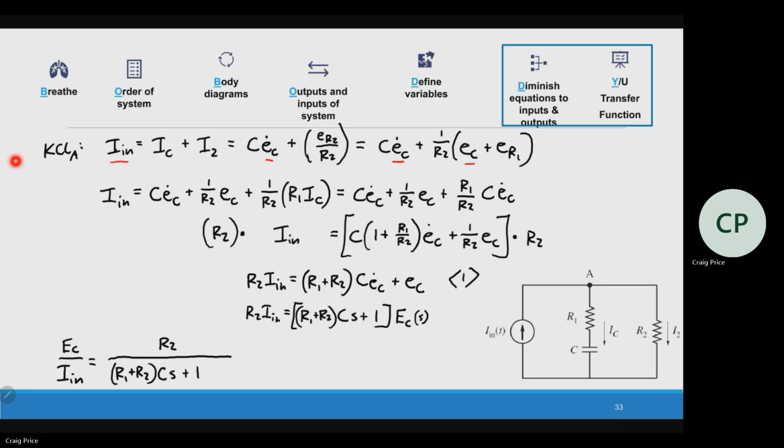Dots become S. So we have an R2 in the numerator, but this is our first order transfer function.